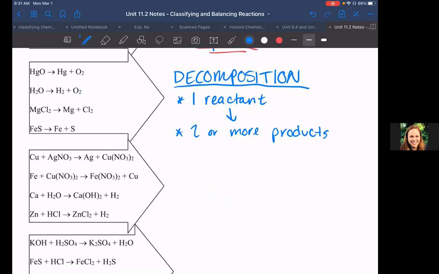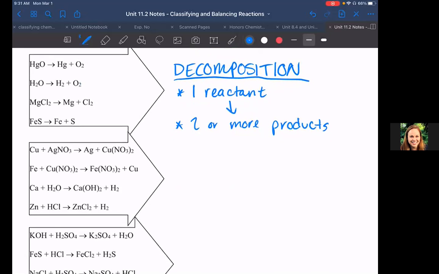Now, the last 2 we have are probably the more complicated ones, but they're still not too bad. Like I said, it's going to feel a little clunky, but the more practice, the better. The second to last one we have here is called single replacement. In single replacement reactions, let's see what we can observe.